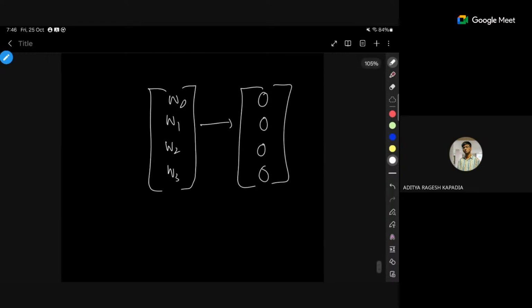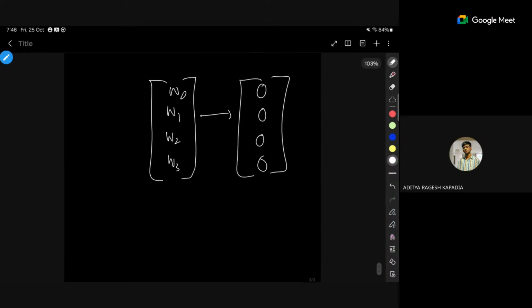So wherever W naught is there, the corresponding x I want to add is going to be 1, always 1. This is always 1, and the rest are whatever X1, X2, and X3. That's what I'm going to add. If it is positive, I add; if it is negative, I subtract.